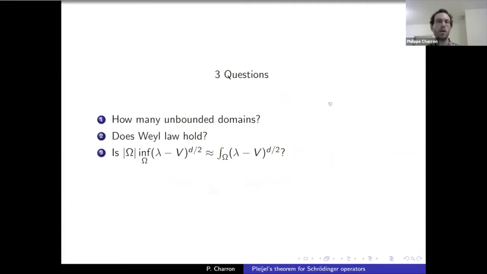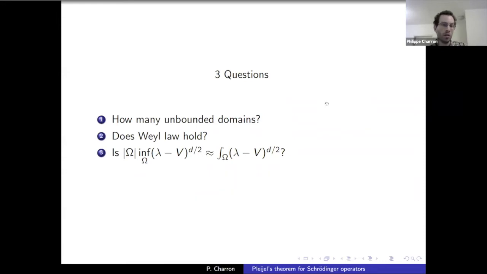Now, when you look also at this estimate, I said that the number of nodal domains is the integral of 1 over the volume. But if you have unbounded domains, the volume is infinite, so you basically don't count them. So you need to treat those separately. You need to show that there are not too many unbounded domains.